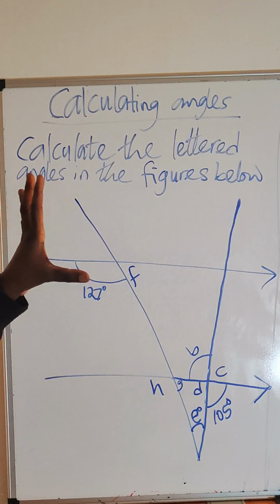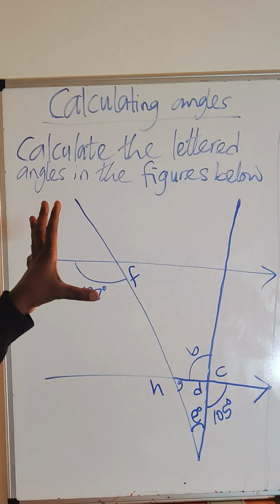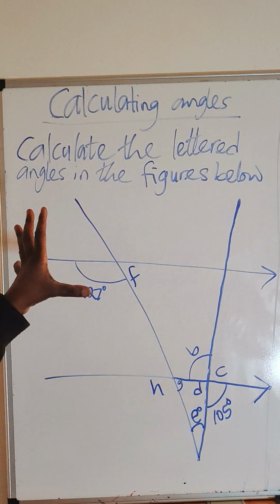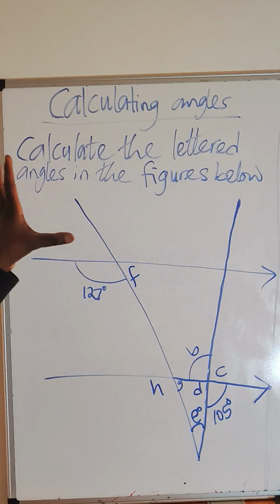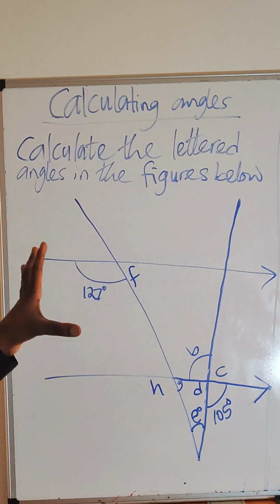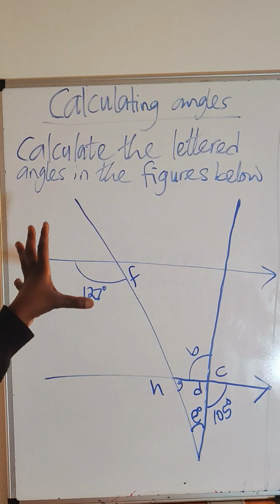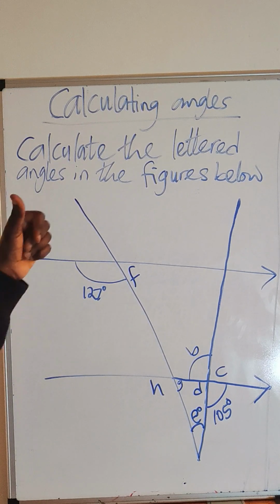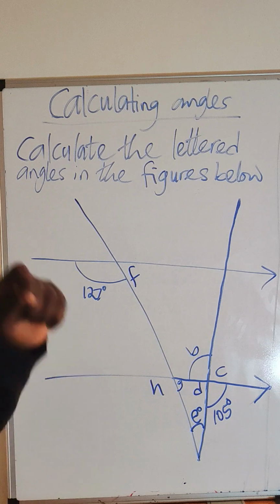You make it a bold figure in which all the lettered angles, all the angles to be calculated, are well shown, and it makes the work clearer, simpler, correct too.